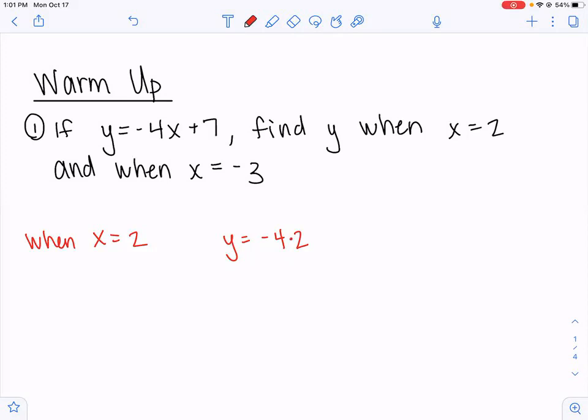Okay, so what did you get? Y equals what? I'm asking Kane, Abby. Okay, what'd you get? Y equals -1. Okay.